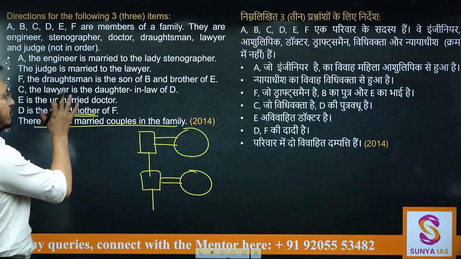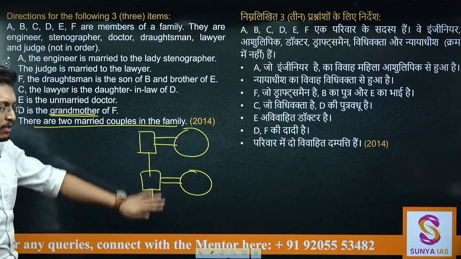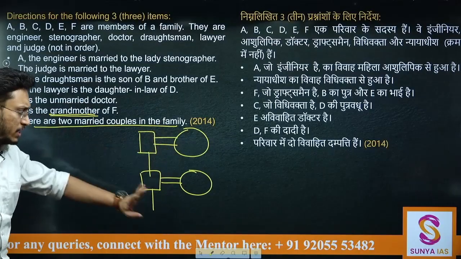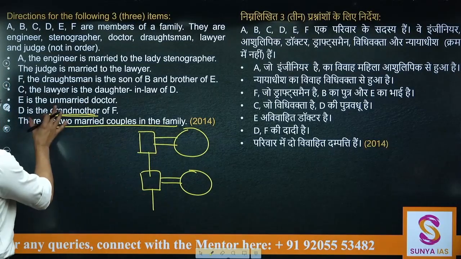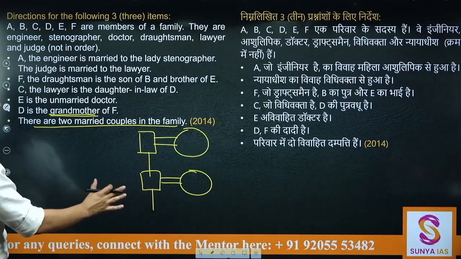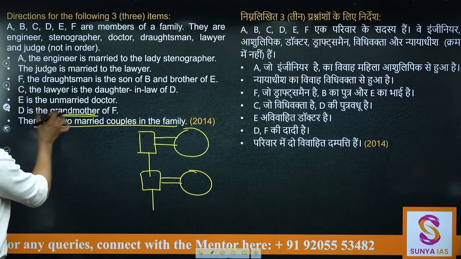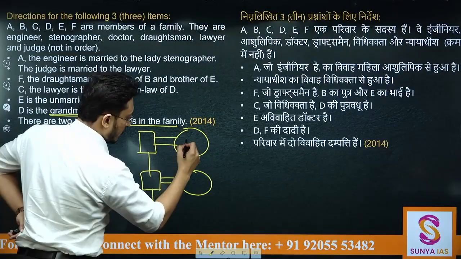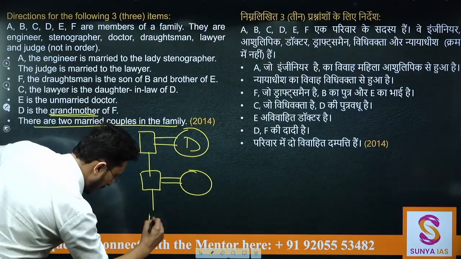Basic logic: if there is a grandmother in the family, we might be having such relations there. So how we'll know what relations there are, let's see one by one. D is the grandmother of F. So F will lie in this generation.